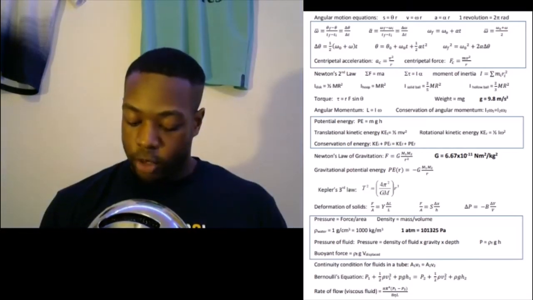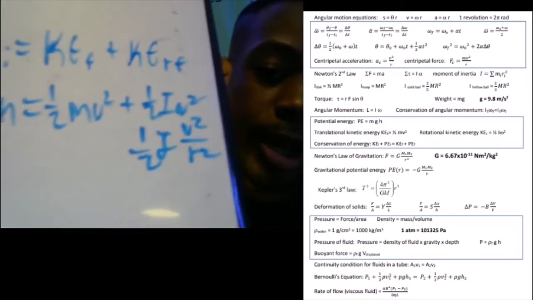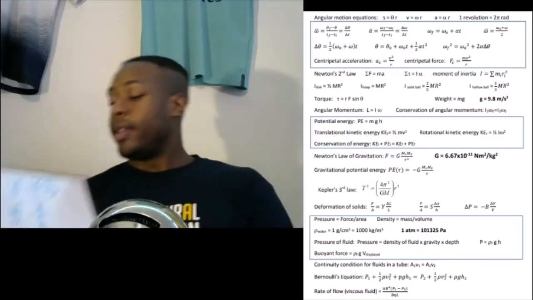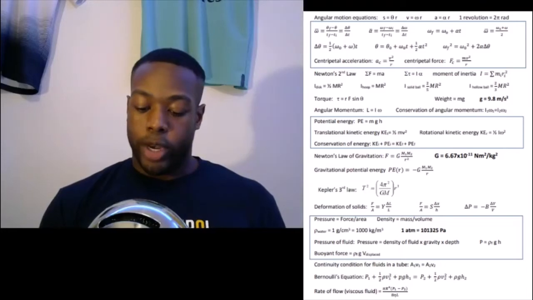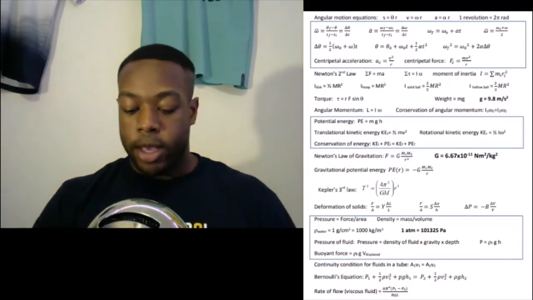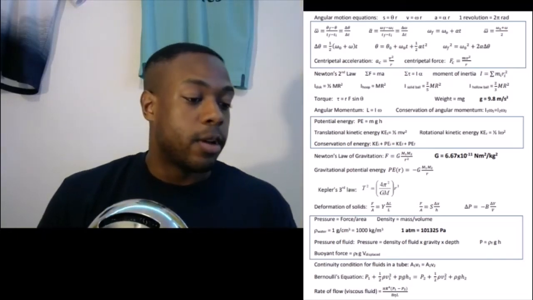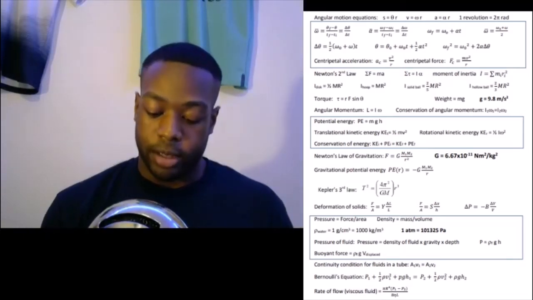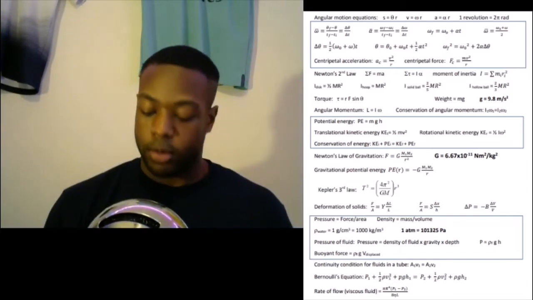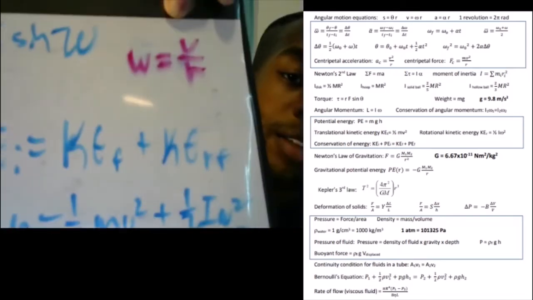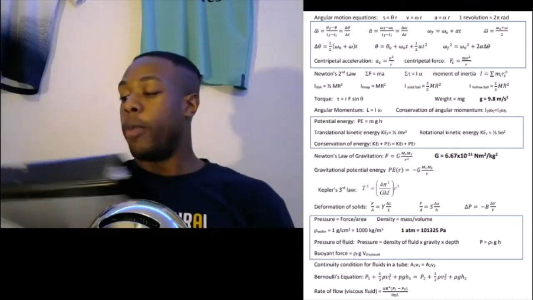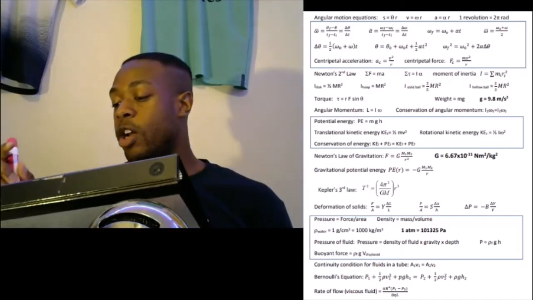I just moved that over there, if you can see it. That is because we know omega equals velocity over the radius. So if omega equals velocity over the radius, omega squared will be velocity squared over the radius squared.